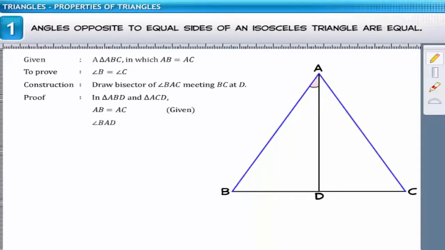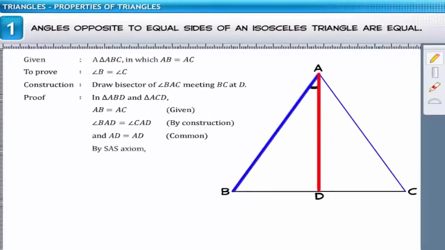Angle BAD is equal to angle CAD, since AD is a bisector of angle A. Side AD is common to both the triangles. Now, by the SAS axiom, if two sides and the included angle of one triangle are equal to the two sides and the included angle of the other triangle, then the triangles are congruent. Thus, triangle ABD is congruent to triangle ACD.